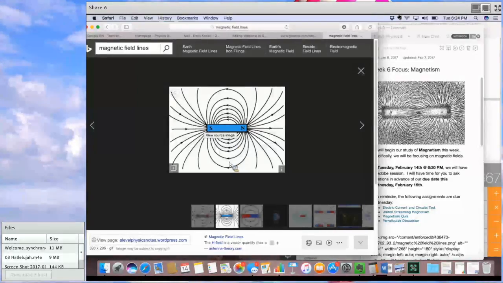That means the field is less strong here than it is right here, and it's really strong right here. The closer you are to the magnet, the stronger your field is going to be.